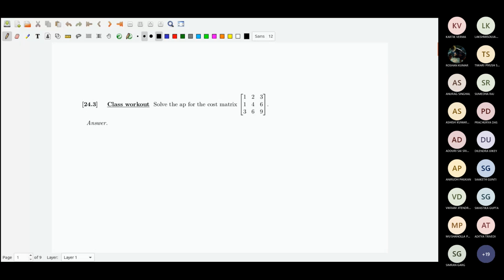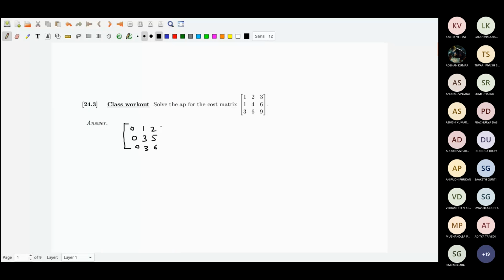You first take the row minimum and subtract it, so that should be 0, 1, 2, 0, 3, 5 and 0, 3, 6, and then subtract the column minimum.